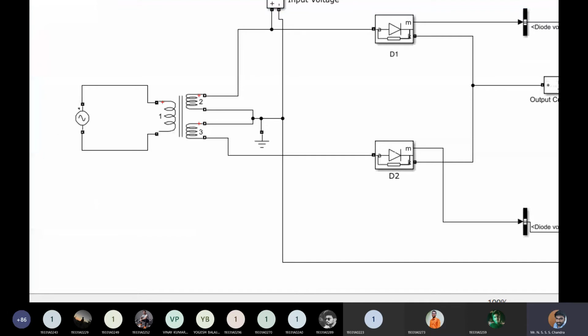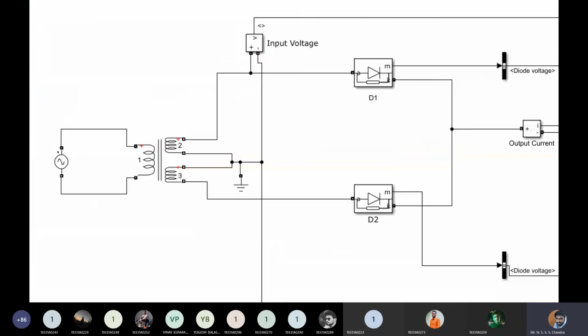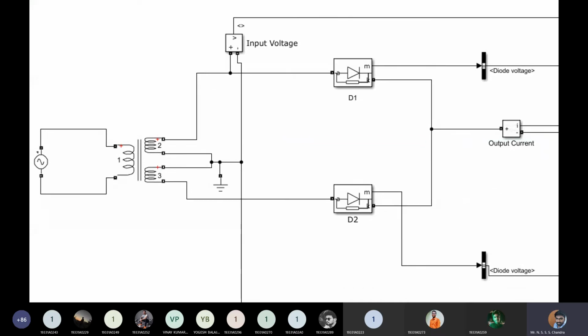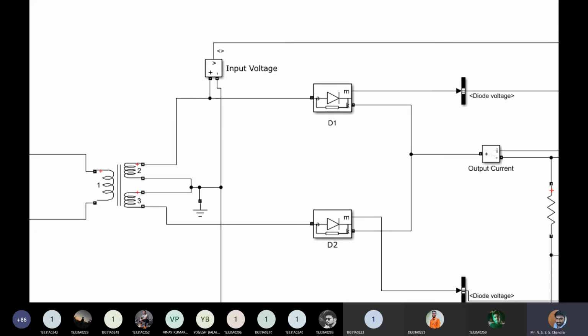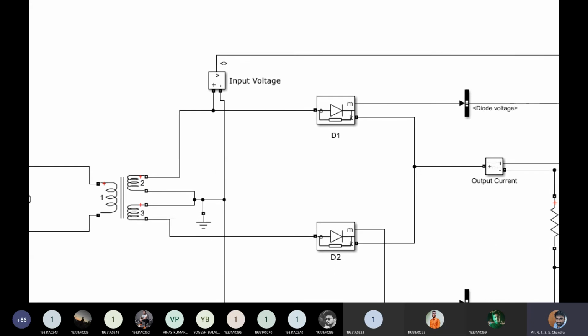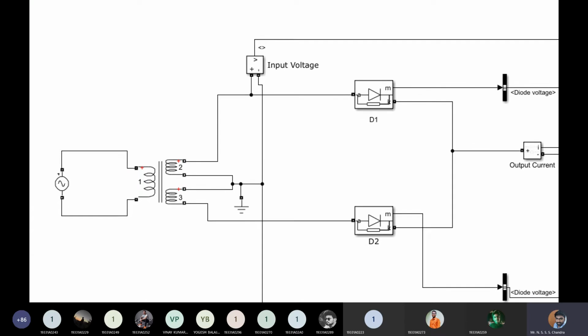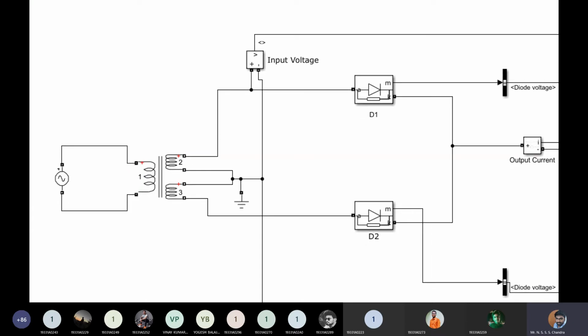I'm measuring the input voltage between the positive terminal of winding 2 and the ground. This is the input voltage, which is simply a voltage measurement unit.